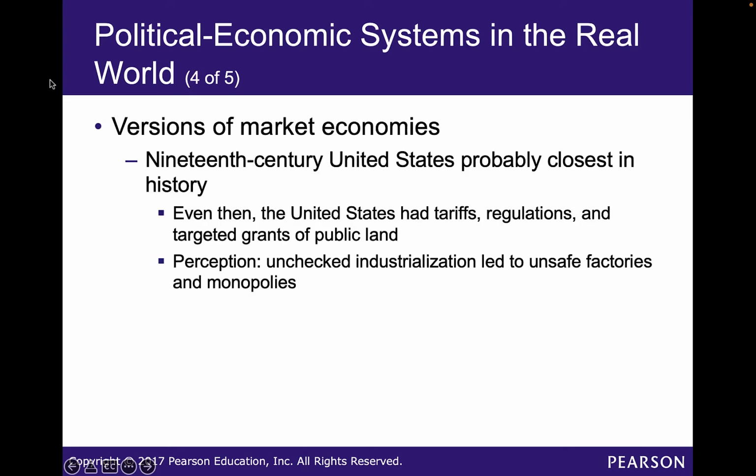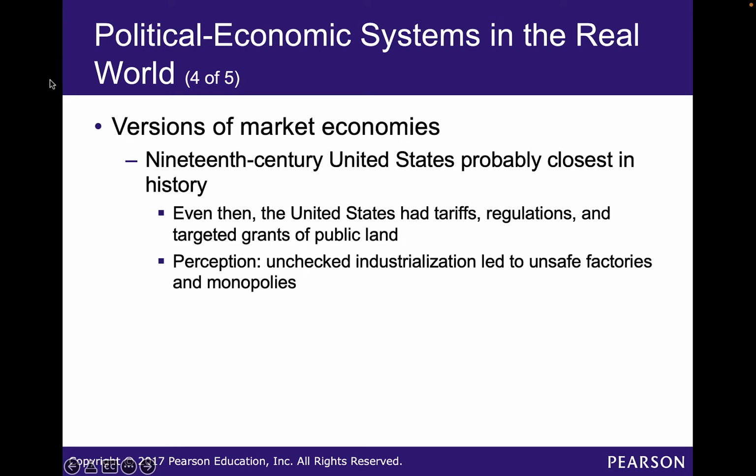When we talk about versions of market economies, a lot of you who might have taken world history will know that, focusing on the 1880s and after, we started to change from an agricultural society to a more industrial society. The 19th century United States was probably the closest in history to a pure market economy.